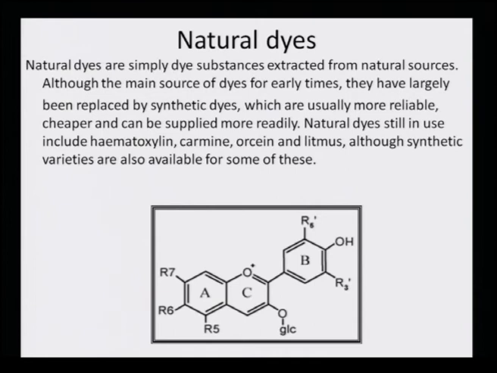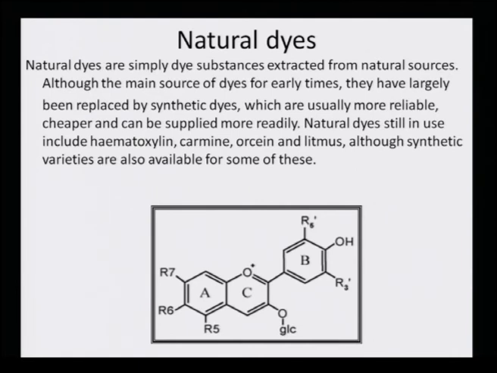Natural dyes. Going back to our natural dyes, there is a class of natural dyes which have very extended conjugated systems, and they may have glycosidic linkages. Natural dyes are simply dye substances extracted from natural sources. Although they were the main source of dye from early times, they have largely been replaced by synthetic dyes at present, which are usually more reliable, cheaper and can be supplied more readily.